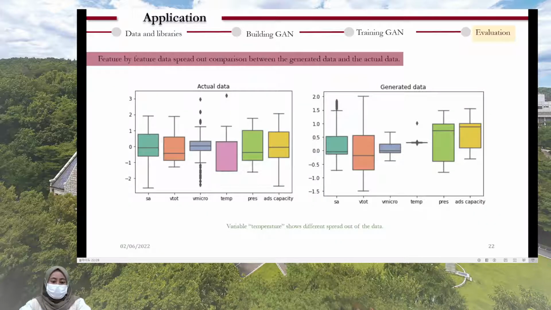After that, we observe the spread of the real and generated data by box plot visualization. From the data spread perspective, real and generated data for each variable are in a similar range. However, here we can see again that the variable temperature has quite a different data spread.